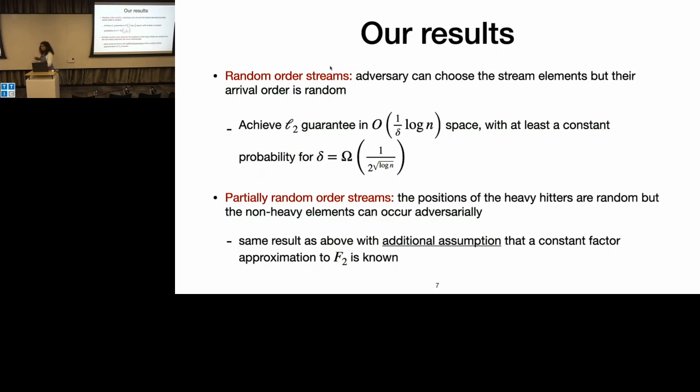In the turnstile model, count sketch is optimal. Good question about strict turnstile. I don't know if the lower bound also extends to strict turnstile. I think it's for turnstile, but the whole focus is whether for insertion-only we can do better.